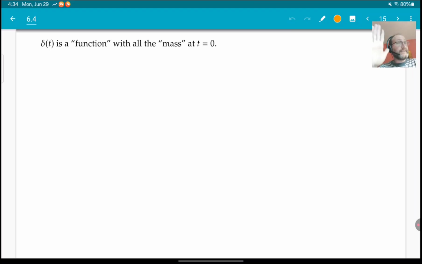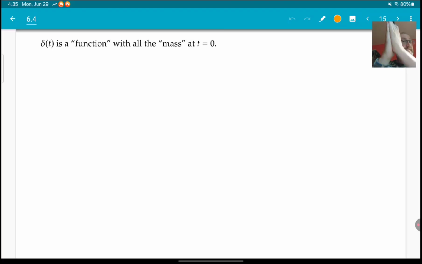Really, what the delta is, think of these pulses. They had some sort of oomph, and as b became smaller, this oomph was getting closer and closer to the origin, all this mass. So delta is the one where this rectangle of area 1 is above the 0.